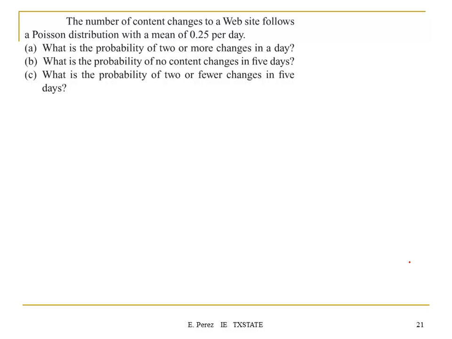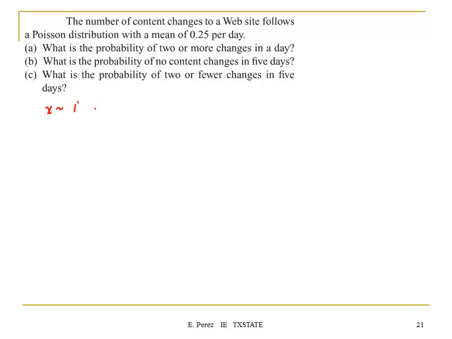So the number of content changes on a web page or website follows a Poisson distribution with this mean, 0.25 per day. Okay, and the first question is, what is the probability of 2 or more changes in a day?